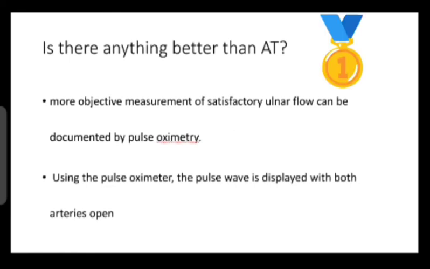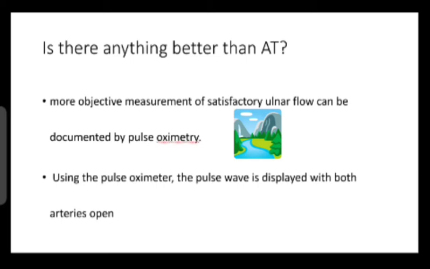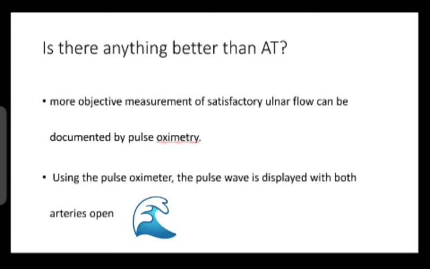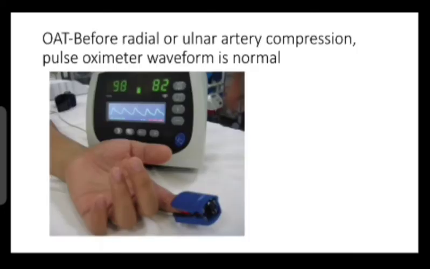So, is there anything better than Allen test? More objective measurement of satisfactory ulnar flow can be documented by pulse oximetry. Using the oximeter, the pulse wave is displayed with both arteries open. So here, before radial or ulnar artery compression, pulse oximeter waveform is shown and it is normal.